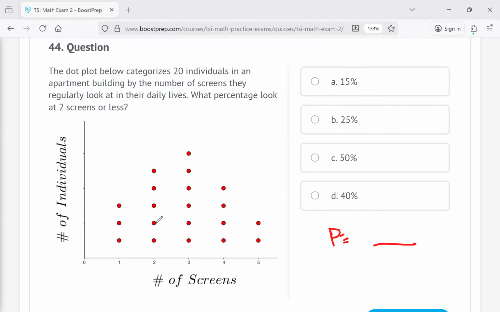Oh, one, two, three, four, five. Let's assume they're one by one. So for screen two, there's a total of five. And then for screen one, there's a total of three. So five plus three is eight. And then what do we put on the top?